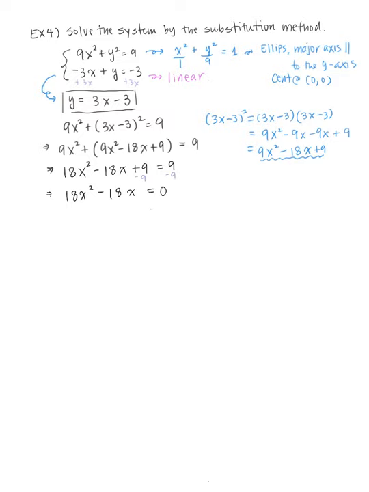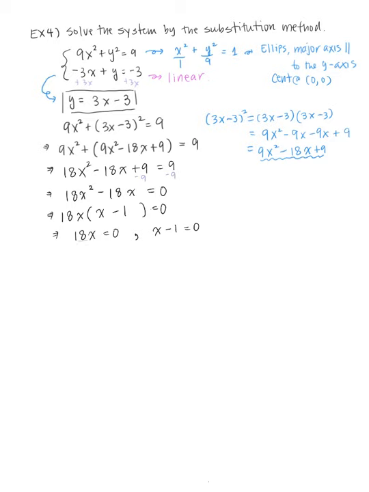All right, so now let's factor. What can we factor? What's the greatest common factor? I think that's 18x. I could factor the 18x out, and the rest of it is going to be x minus 1. That works. So that's going to equal 0. So that implies that either 18x equals 0 or x minus 1 has to be 0.